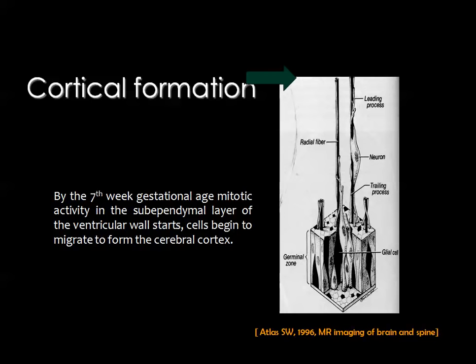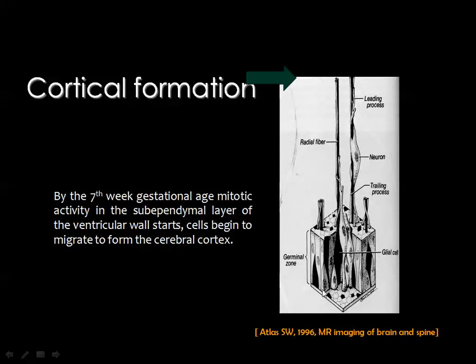And in order to understand these abnormalities, we should know that by the seventh week of gestational age, there is mitotic activity in the subependymal layer of the ventricular wall. And here is a representation.